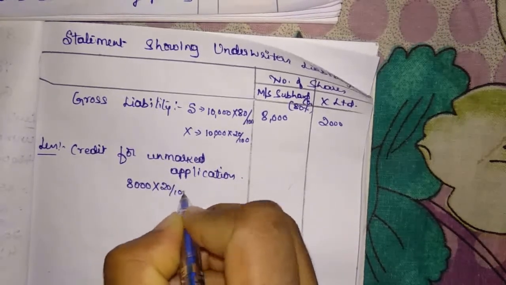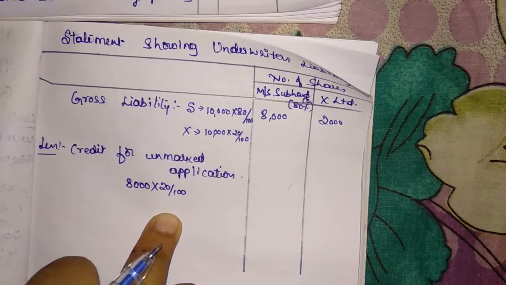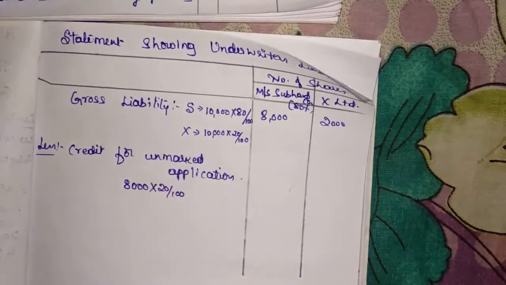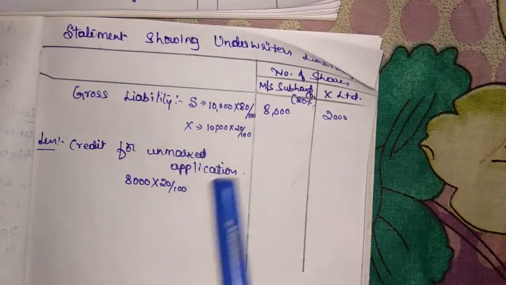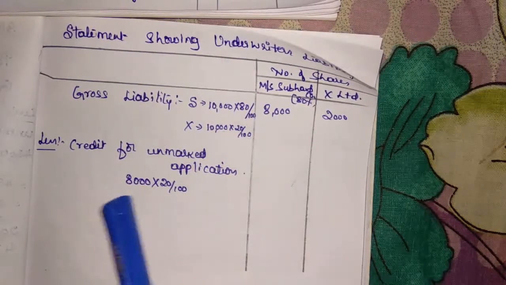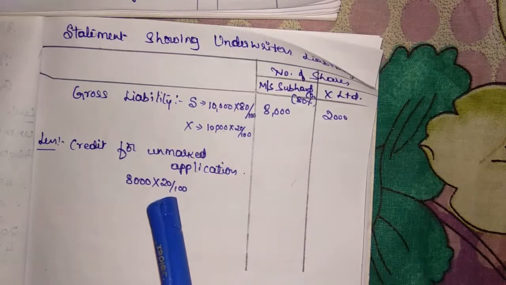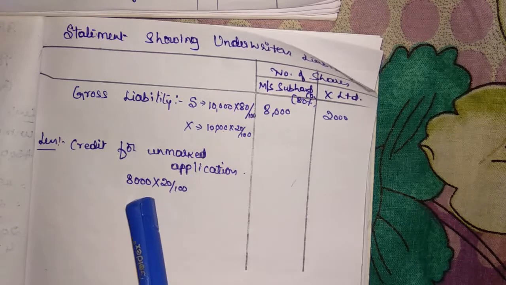So out of 8,000, 20% will be the unmarked applications. When there is partial underwriting, we assume that out of the total public subscription, the percentage of underwriting is the marked application. The remaining non-underwritten percentage will be the unmarked application.